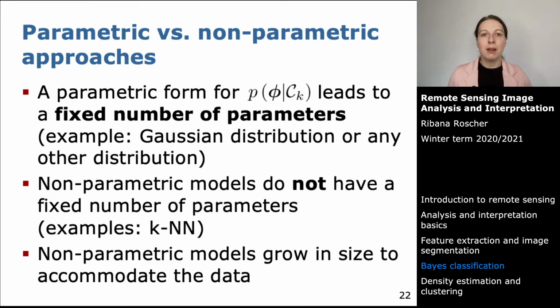And this can be done with the whole data set or just a part of the data set. And as you can see, or when you think about it, the more training data samples you have, the more data is used to define the distribution. So non-parametric models grow in size to accommodate the data. It can be much more efficient to use a parametric method, but here you make assumptions, for example, that your data is Gaussian distributed.